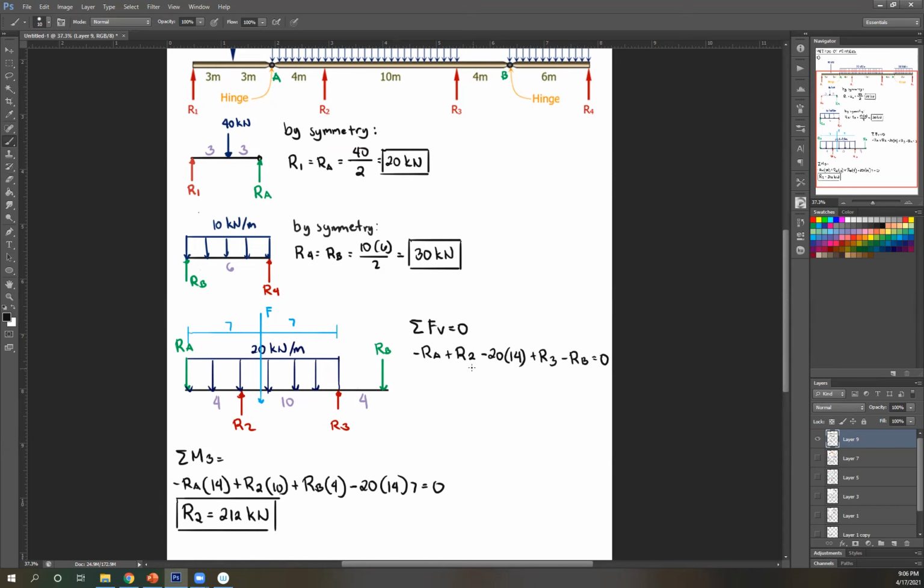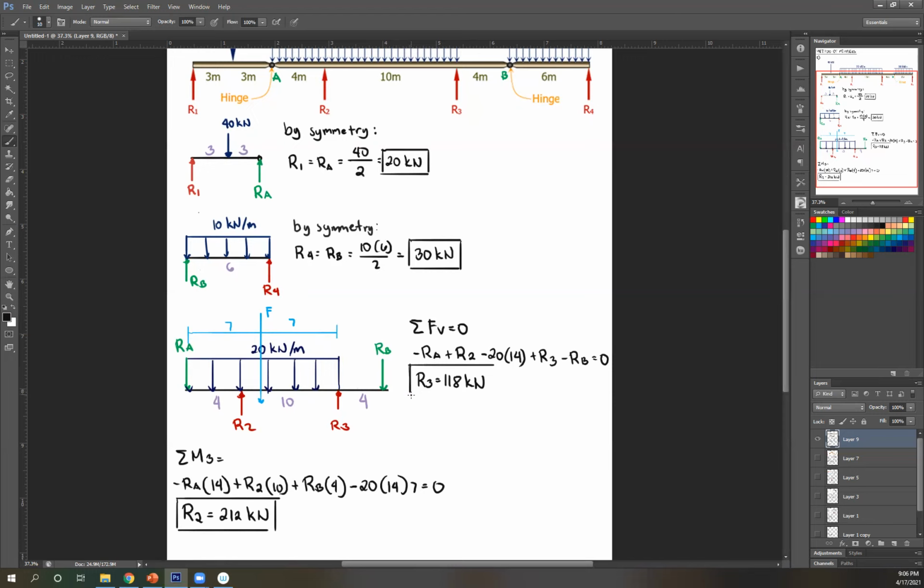Again, RA is 20, R2 is 212, RB is 30. I can solve for R3. Again, let's double check if we wrote that correctly. All right, correct. Solving for R3, we get 118 kilonewtons. Okay.